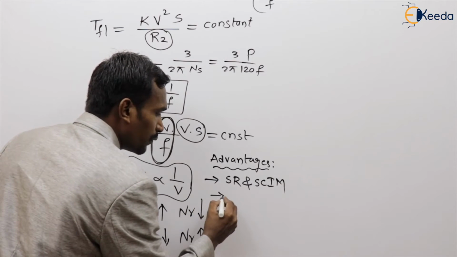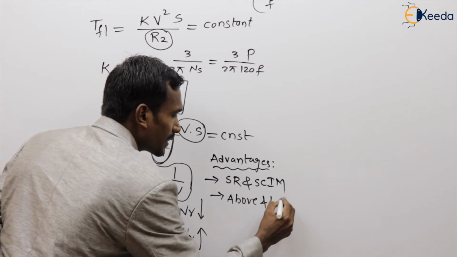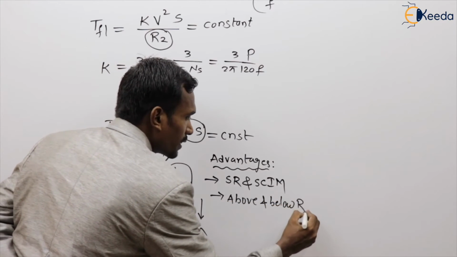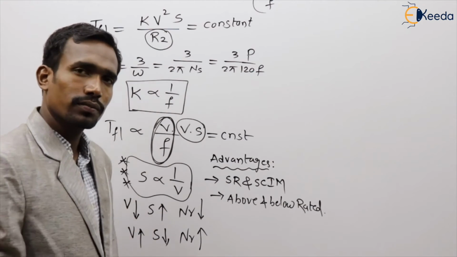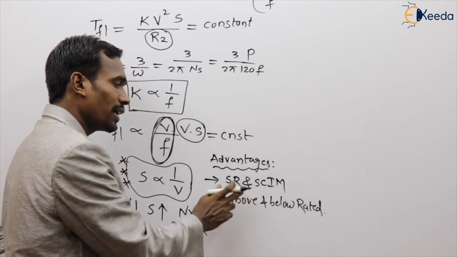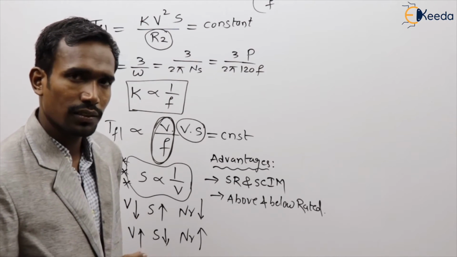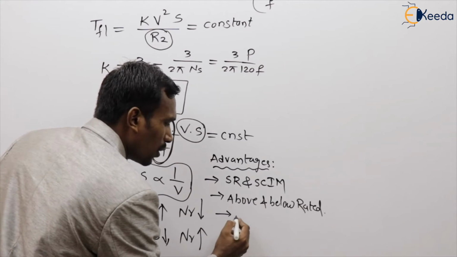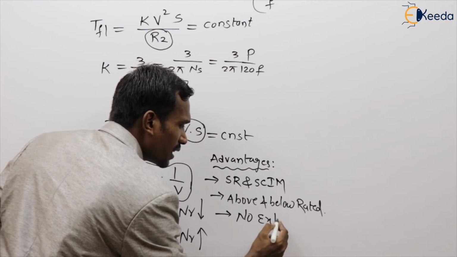And this is applicable for above rated and below rated speeds, applicable for both. And there is no extra resistance, that's why no extra losses.